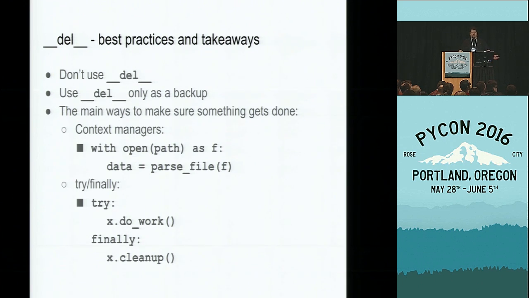That will ensure that something happens, in this case, a file actually gets closed. And it provides try/finally, this way to make sure something happens. __del__, unlike destructors in a language like C++, is not a good way to make something happen when you're done with an object.